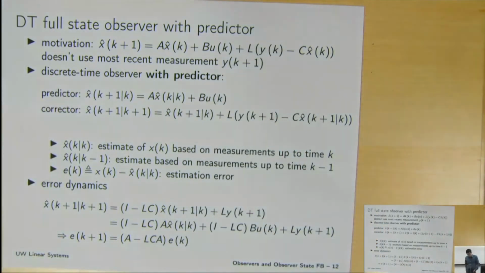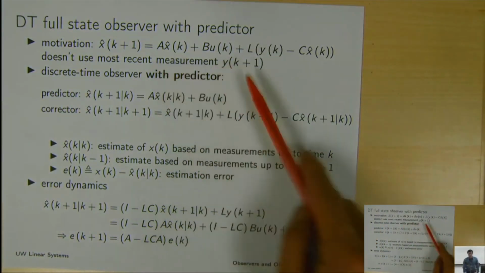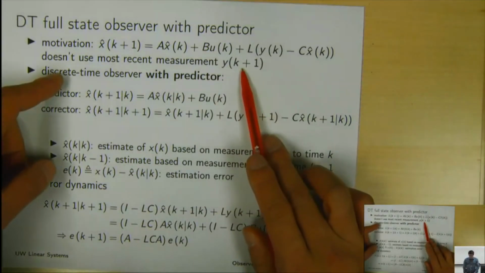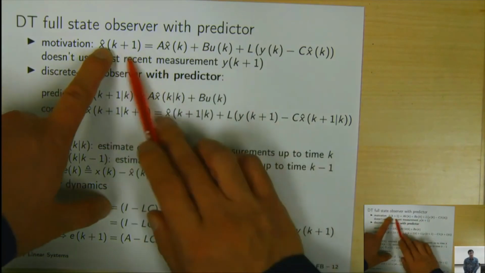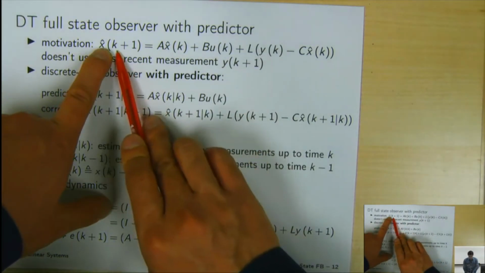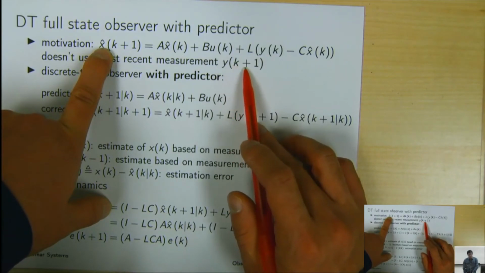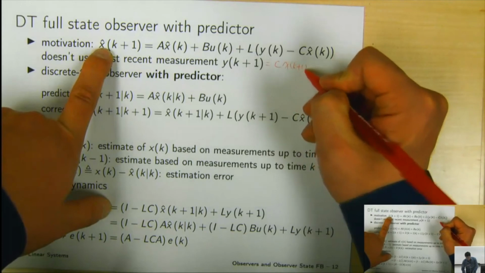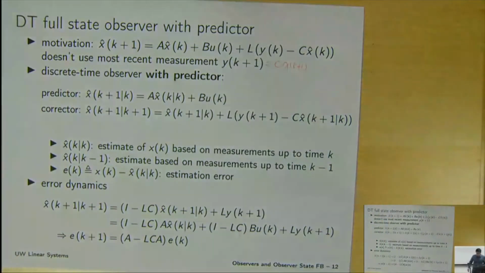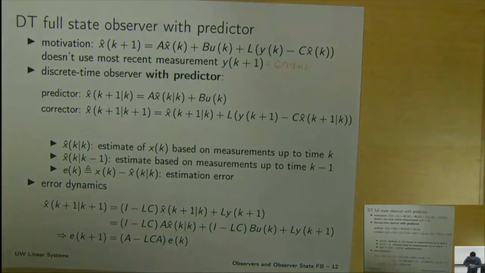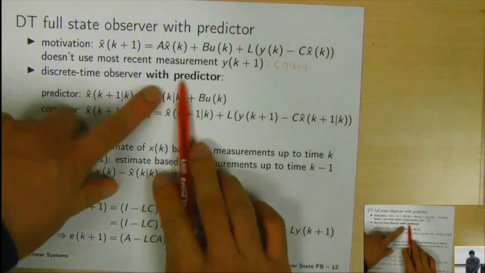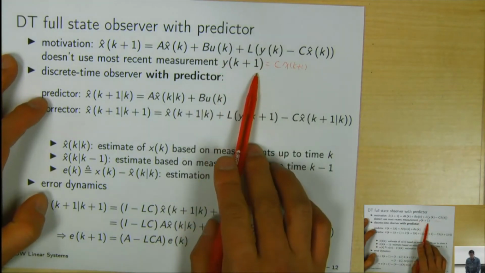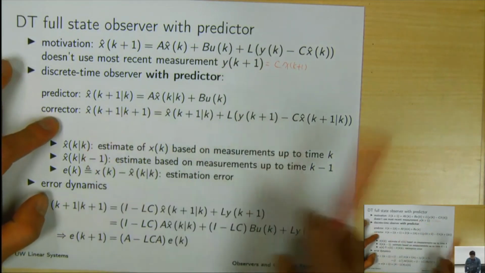We're not using the most recent update, meaning that after we collect the new measurement at k plus 1, we are not using it effectively in the state estimate, although y k plus 1 contains a lot of information about x k plus 1. So the concept of a discrete time observer with a predictor is to bring this most recent output into the update law.